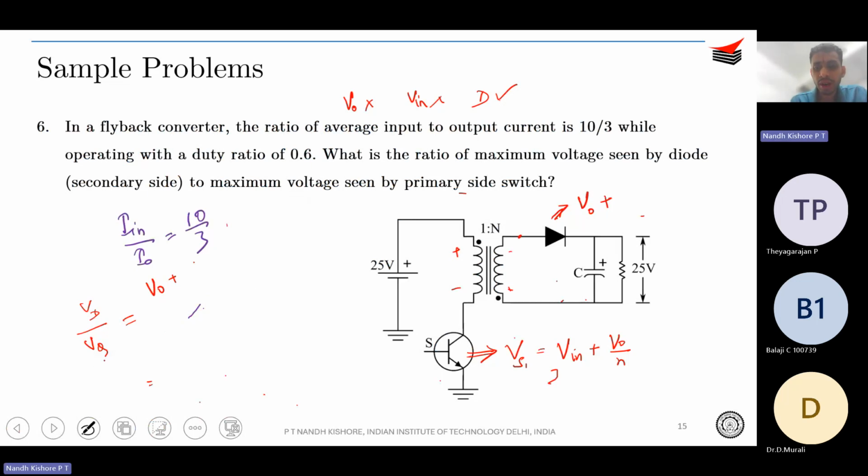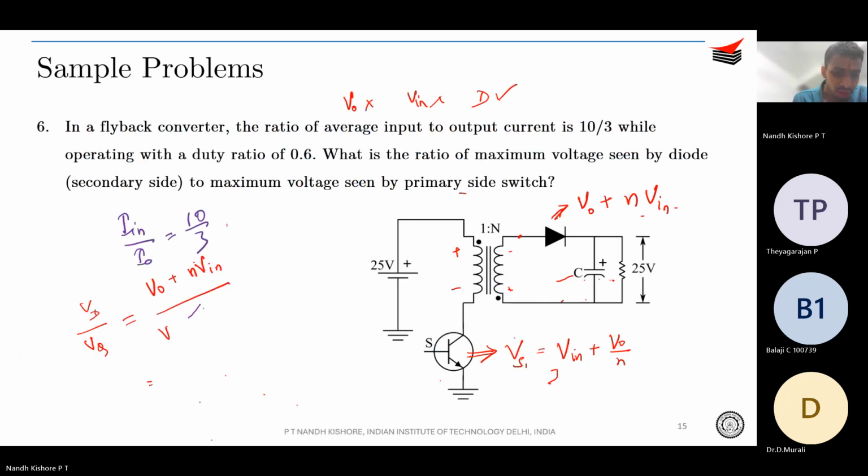Your diode voltage will be what? Reflected voltage in the secondary is V naught plus N V in. So V naught plus N V in divided by V in plus V naught over N.